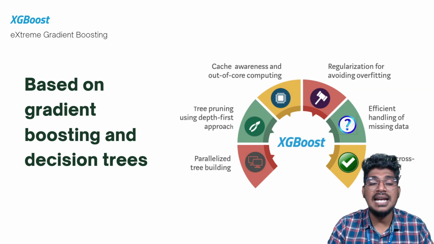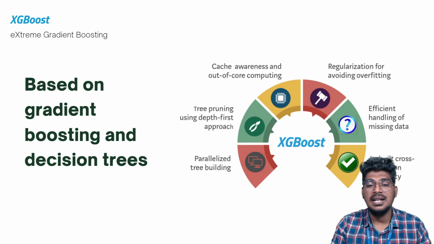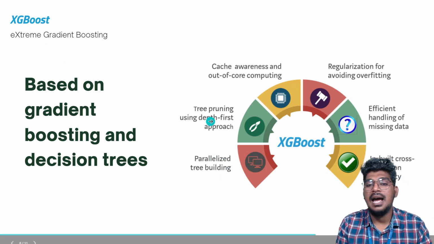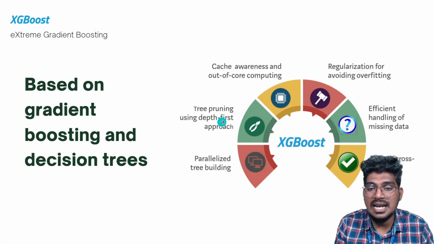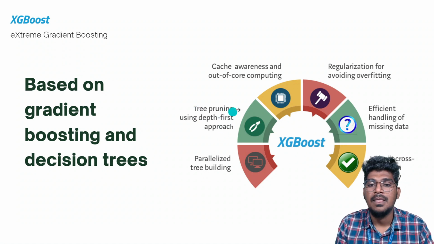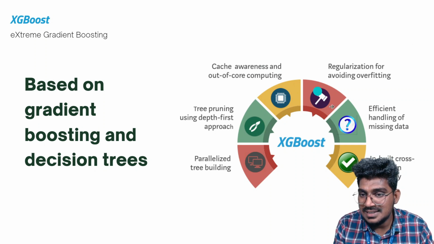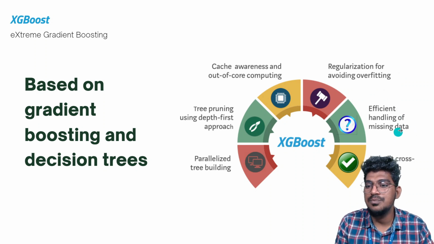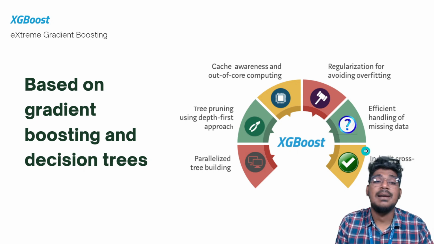It is based on gradient boosting and decision trees. It offers parallelized tree building, tree pruning, a depth-first approach, awareness and optimization of out-of-core computing, regularization for avoiding overfitting, efficient handling of missing values, and built-in cross validation capability.